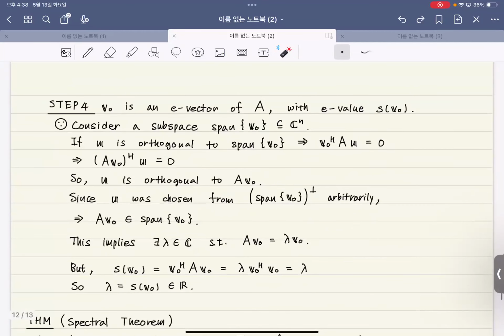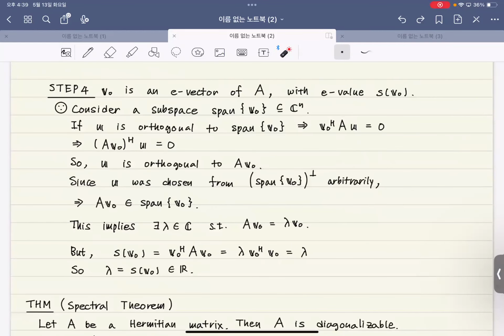The final part. v0 is an eigenvector of A with eigenvalue S of v0. We consider the subspace spanned by v0, which is a one-dimensional subspace of Cn, and choose any vector u from the orthogonal complement of this space.